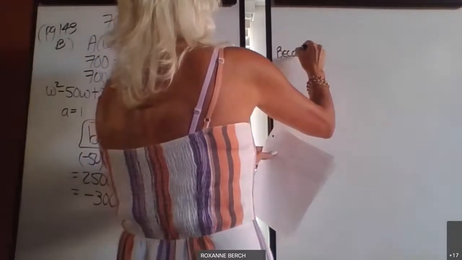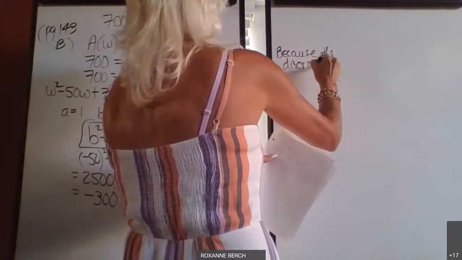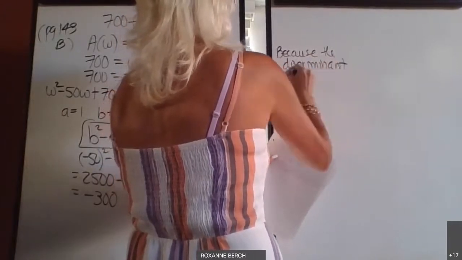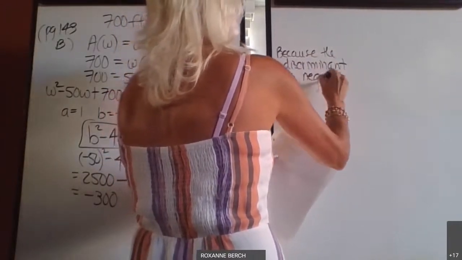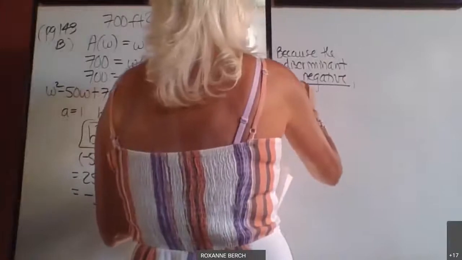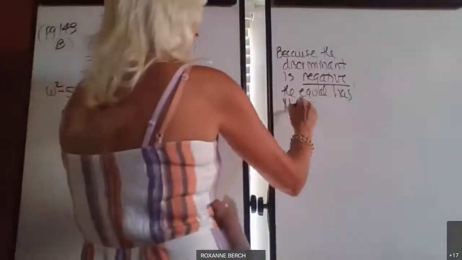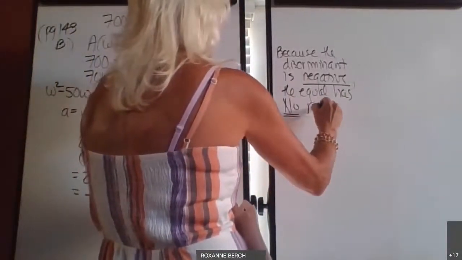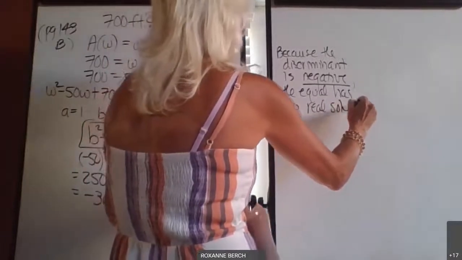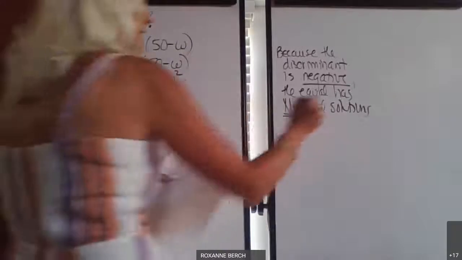So because the discriminant is negative, the equation has no real solutions, and in this book they're calling it non-real. So you can say that it has two non-real solutions or no real solutions.